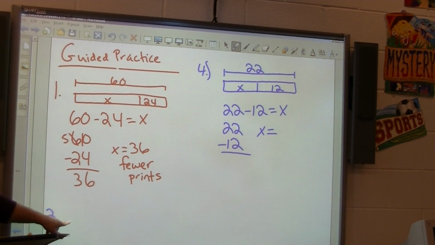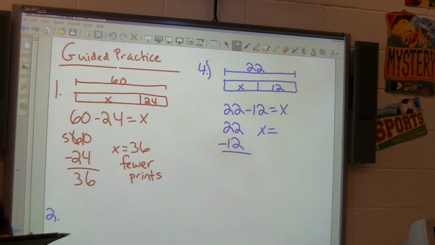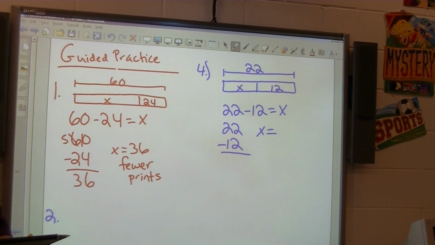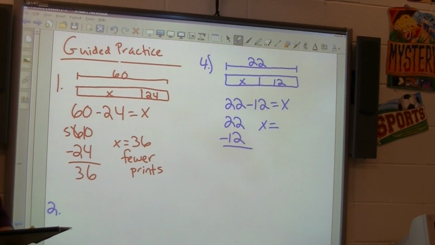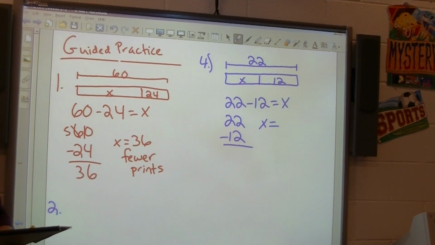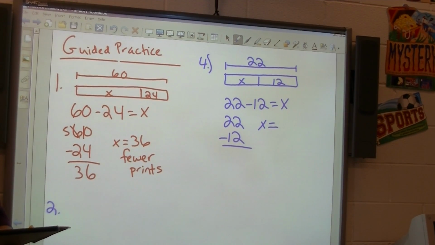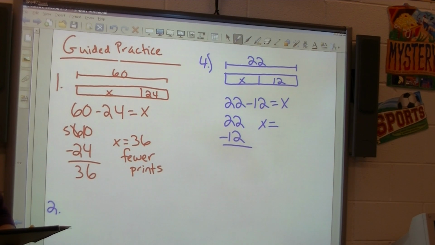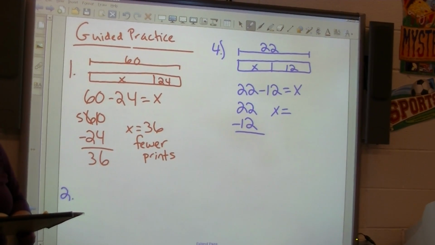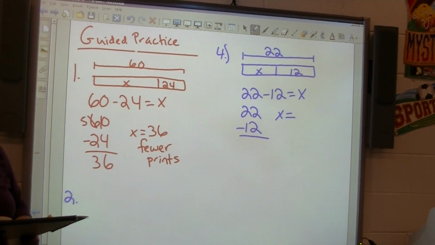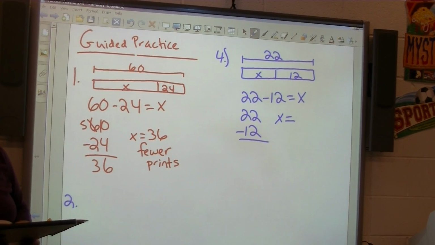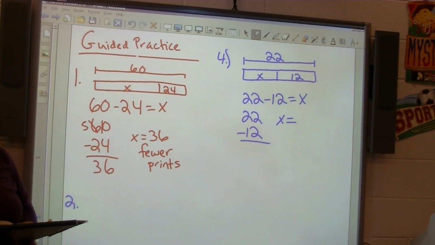Good. Now, question number 2 in your text. It says, do you understand? It says, what phrase from the above examples gives you a clue that you will use subtraction in your drawing to solve the problem? And they're talking about our first example up there with the music collection. What clue words helped us to figure out that it was subtraction?